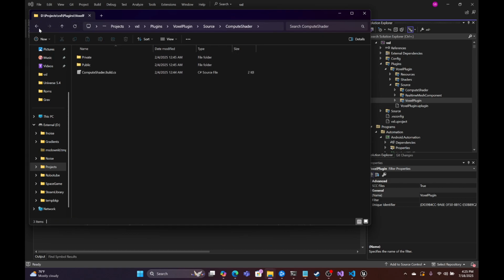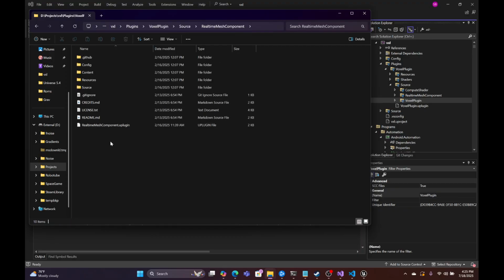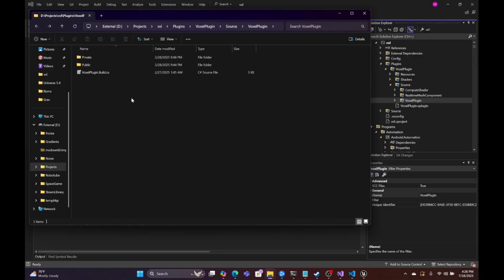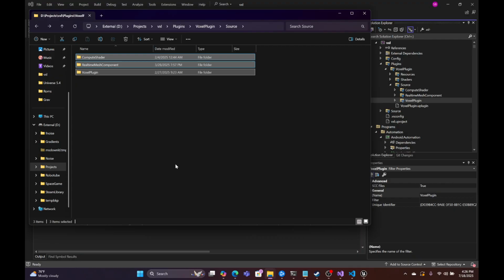Let me see. So there are some build files here that will probably have issues. U plugin file, voxel plugin file. All right, let's just do this.